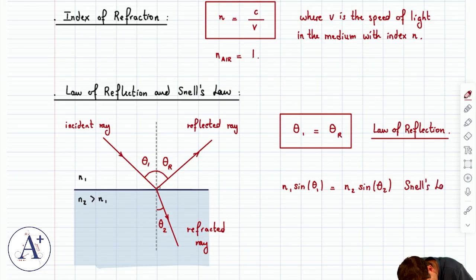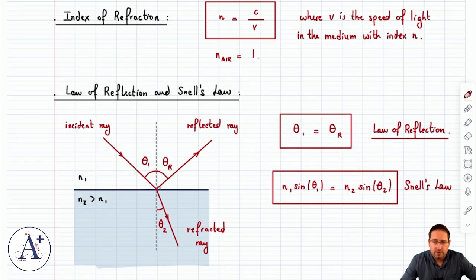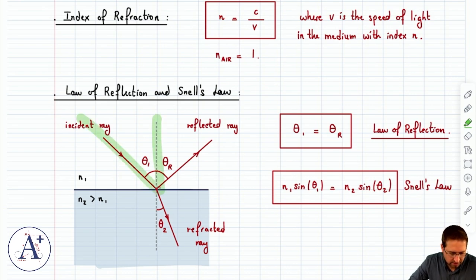All right, this is Snell's law. And the same, the refracted ray is within the plane of incidence. In other words, it's within the plane defined by these two directions. It doesn't start coming out of the page or going into the page. All the rays remain within the plane of the screen here or the sheet of paper.